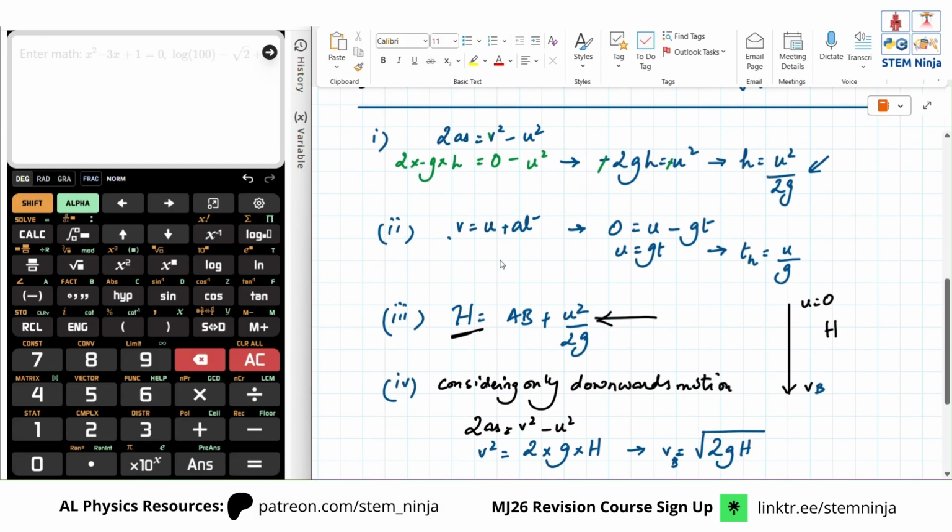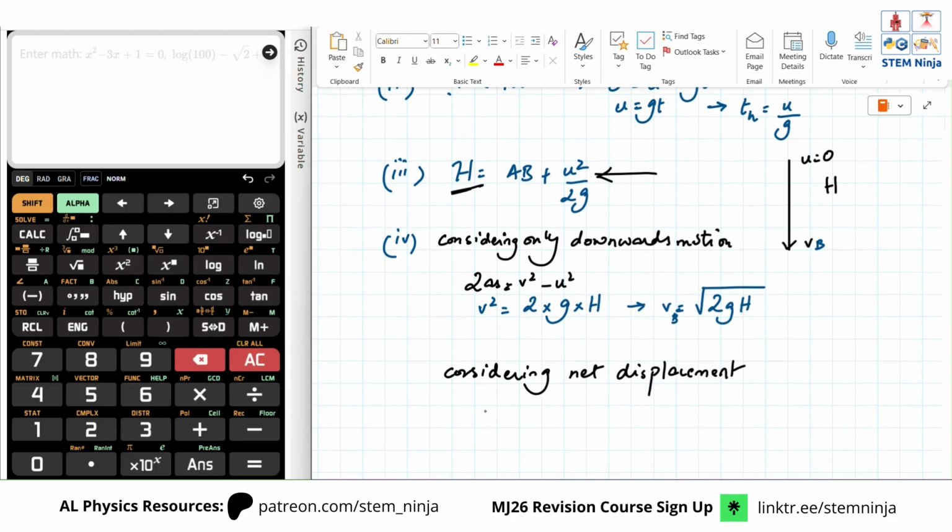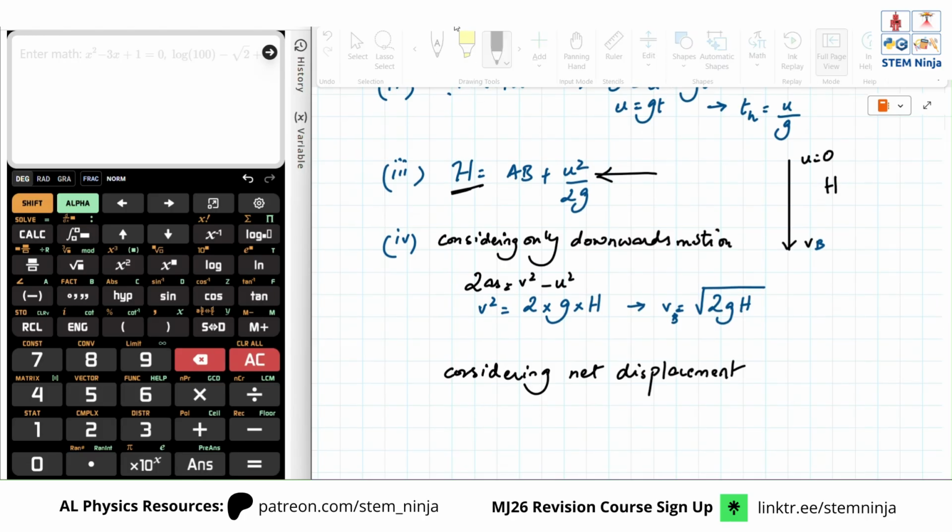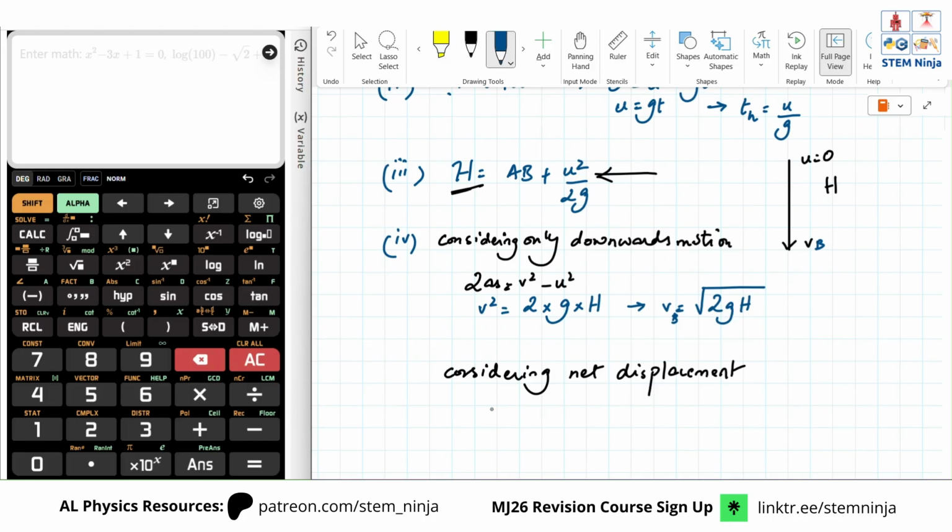When we do this, we would use the same thing, 2as equals v squared minus u squared. U, we can now use the initial velocity we used from over here. This is our v. A, we can use minus g because we are using up and down motion.